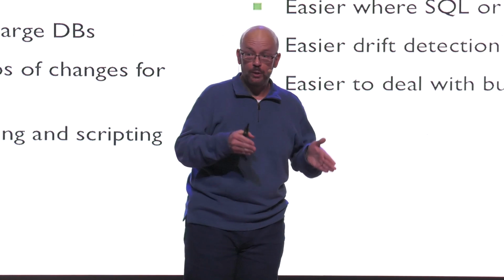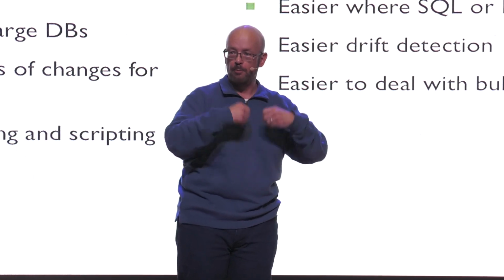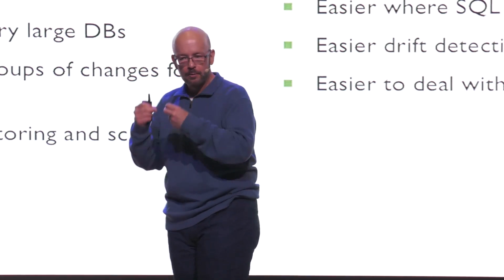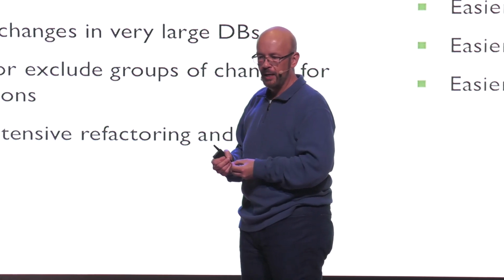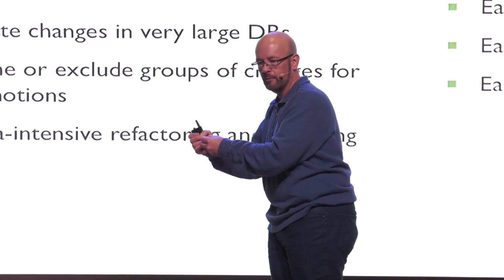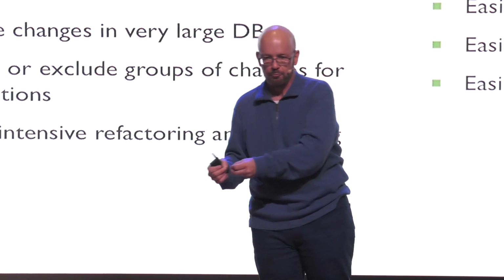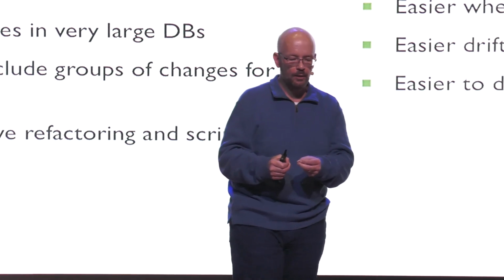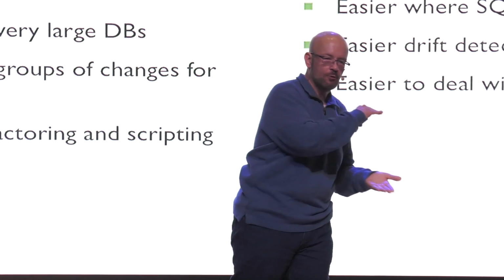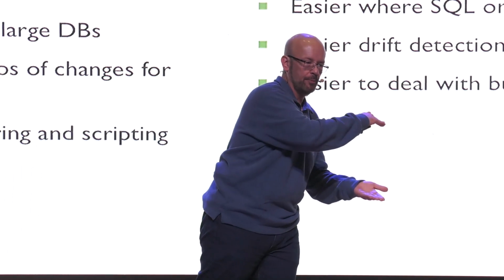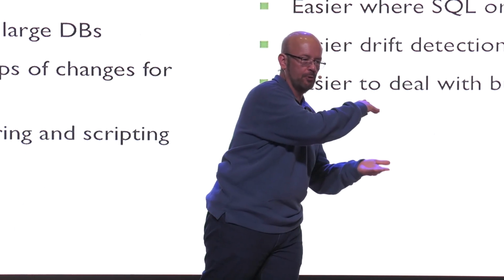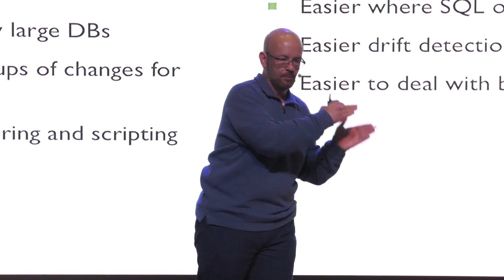We have developers, we know how to take in code, we know how to merge the code. If I've got a very large database, it's very easy for me to target specific things because at the end of the day, I'm explicitly saying what I'm going to change, right? I can take those changes that I've brought in and group them into logical, traceable things that I can move along.